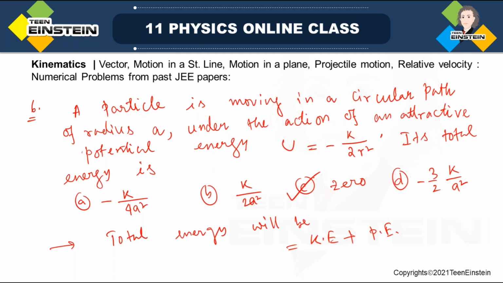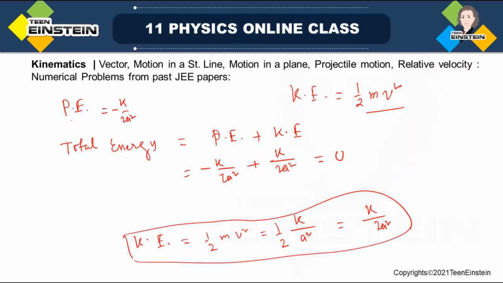Okay, I think this is a good problem. I have to just erase it.